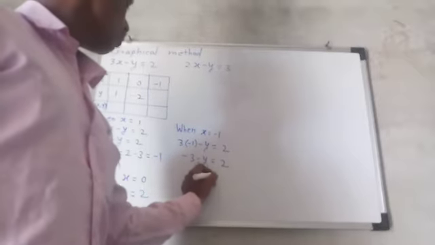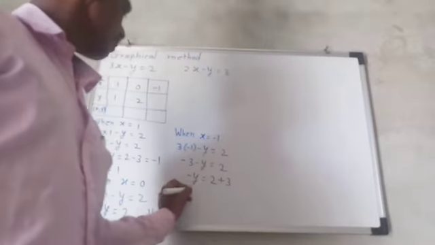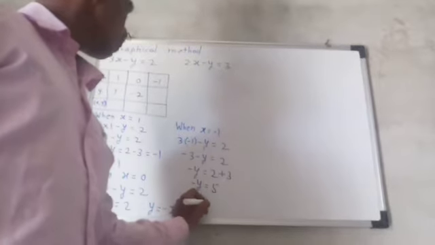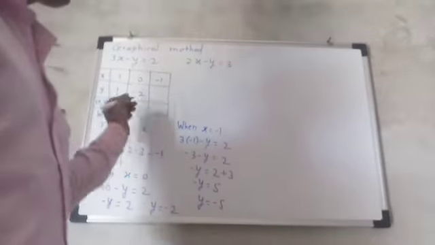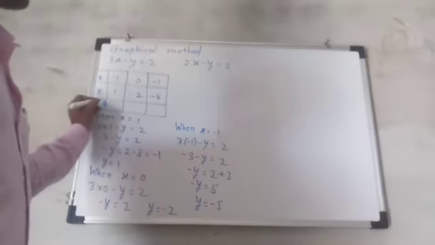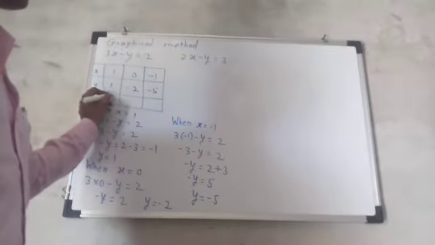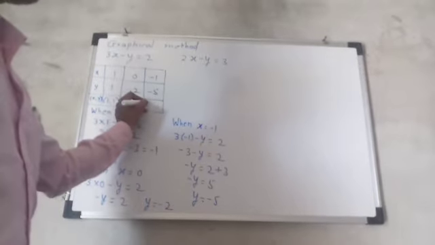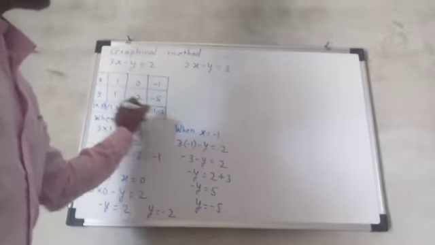Minus y is equal to 2 plus 3. Minus y is equal to 5. y is equal to minus 5. The points are 1, 1; 0, minus 2; and minus 1, minus 5.